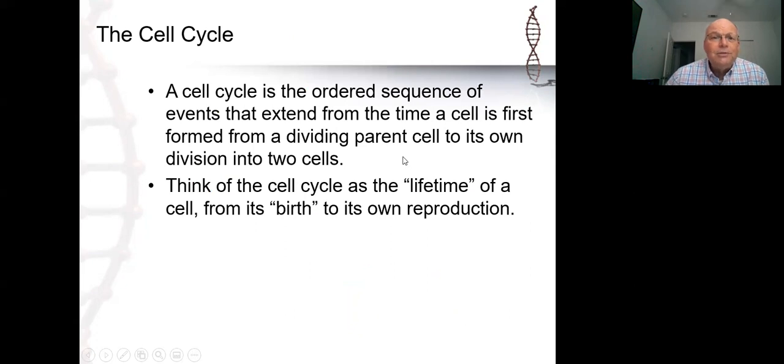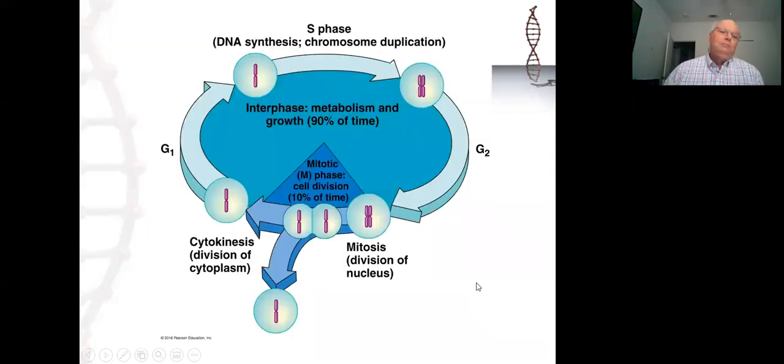So let's take a look at the cell cycle. So here is the cell cycle. It consists of two divisions or two periods of time. What is referred to as the mitotic phase, which is the time period during which cell division actually occurs, and it constitutes about 10% of the cycle.